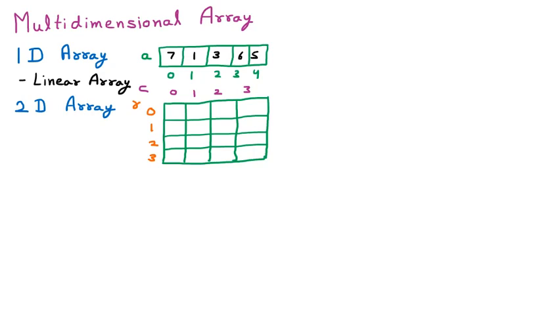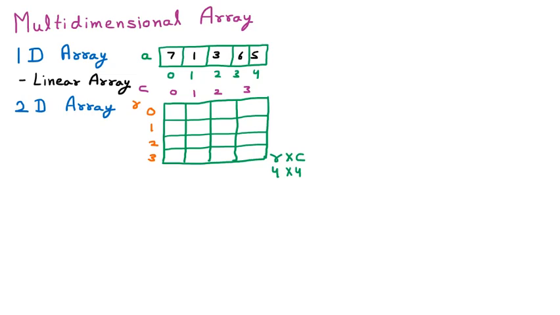If we are going to find the size of this 2D array, then we represent it with row cross column. So the size is represented like this, row cross column. That means how many rows are there? The rows are 4. And how many columns are there? That is 4. So this is the 2D array of 4 cross 4.